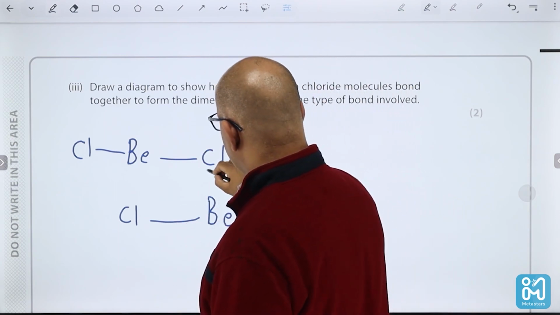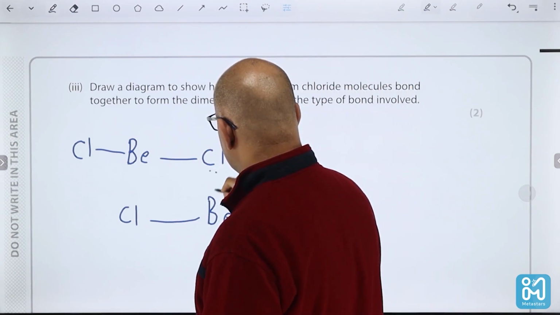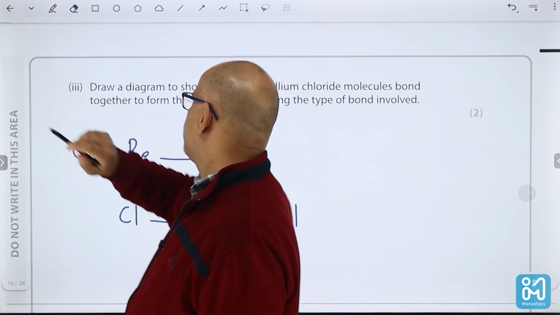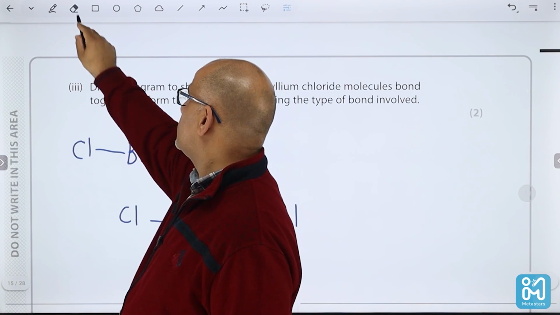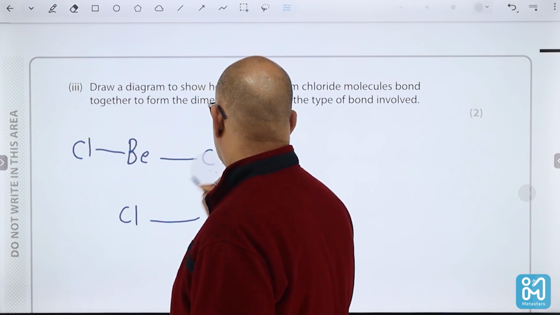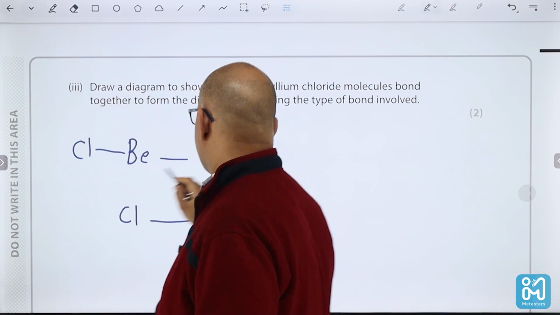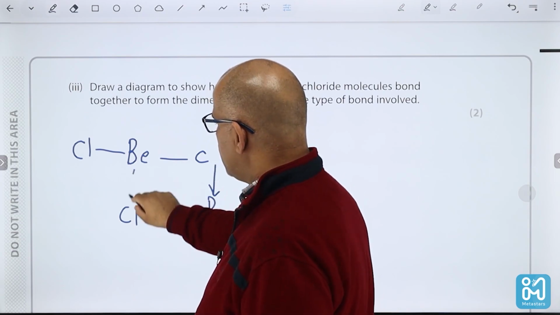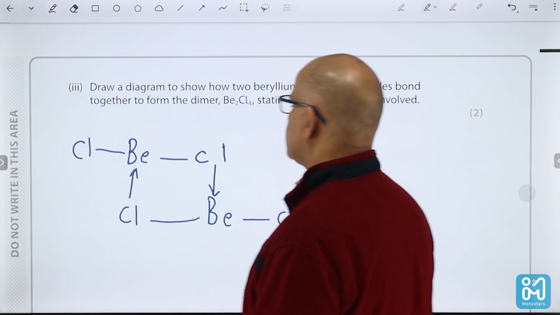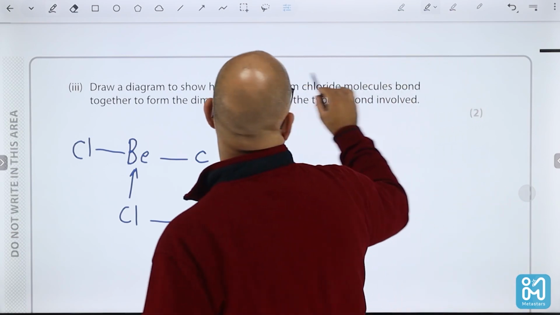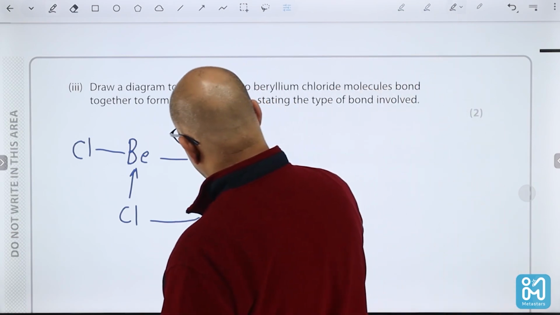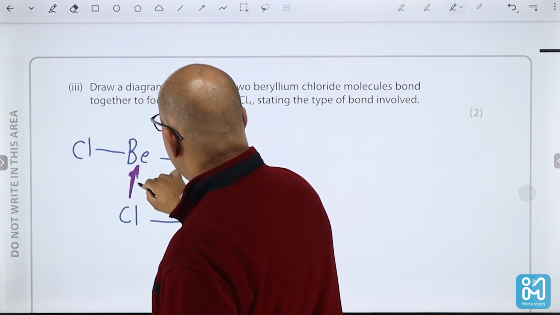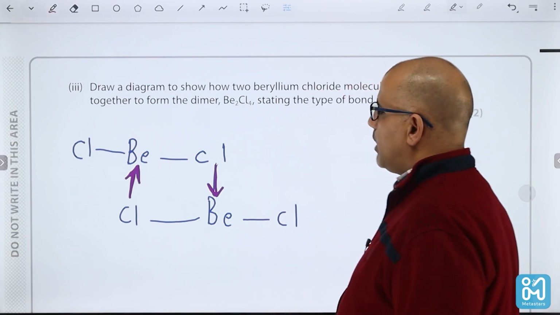You will see that this one is donated, so we have a bond like this, Cl, 2 electrons were donated there, and 2 electrons were donated there. And what is left is, you can see, the dative covalent bond, and that's the dative covalent bond.